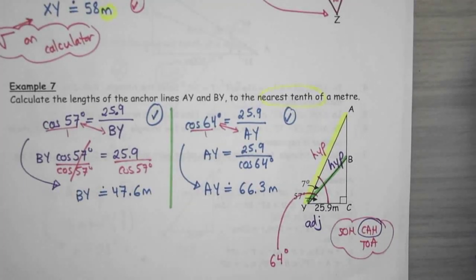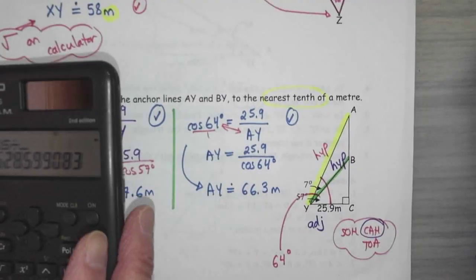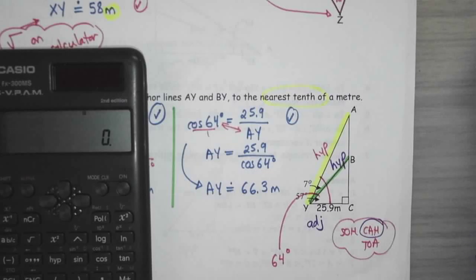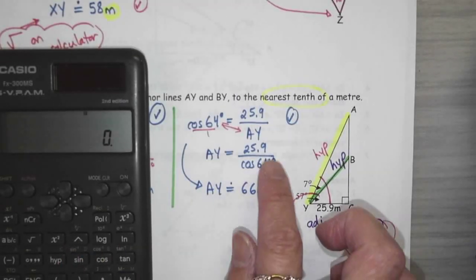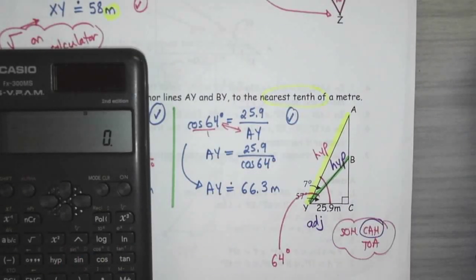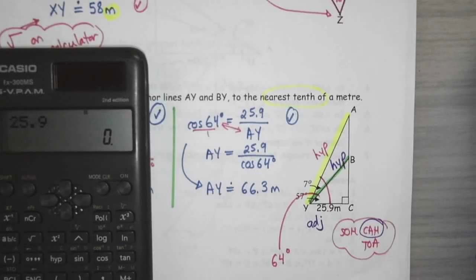Any questions or clarification? Yes. Sorry, did I get it wrong? Did I punch it in wrong? 25.9 divided by cos of 64. Oh, I don't know. Did I press sin? Maybe I pressed sin.